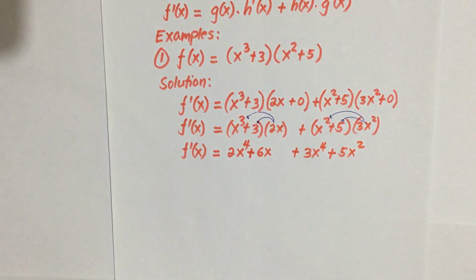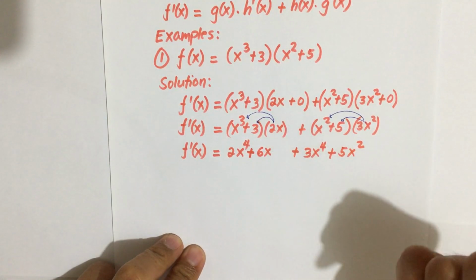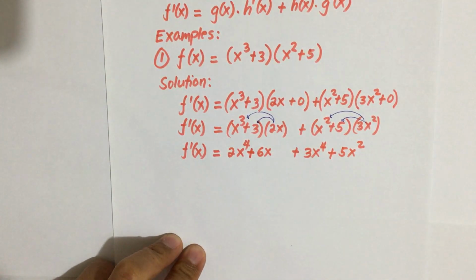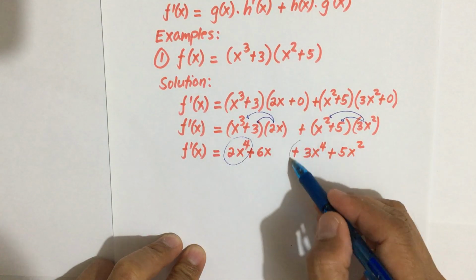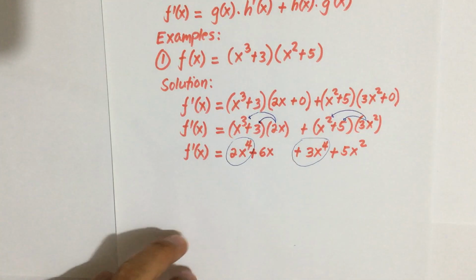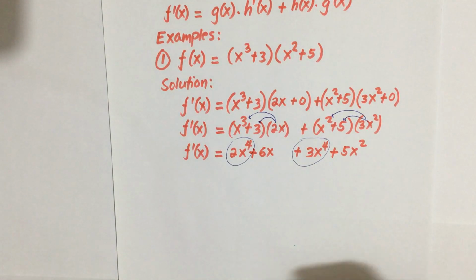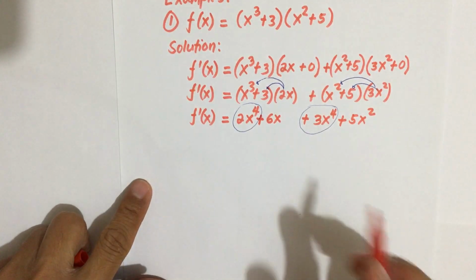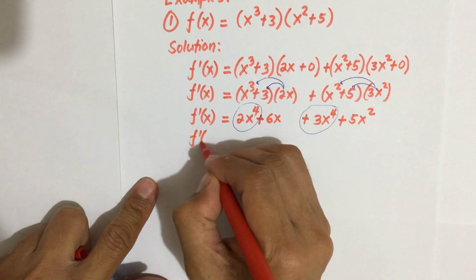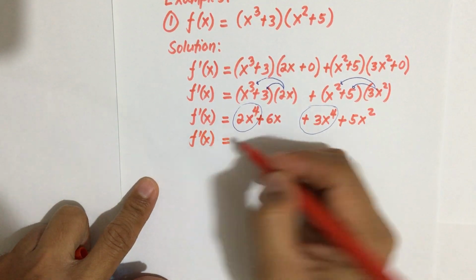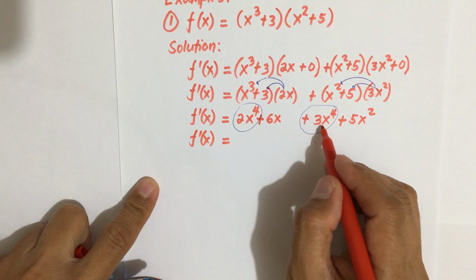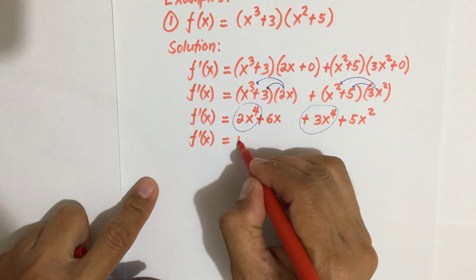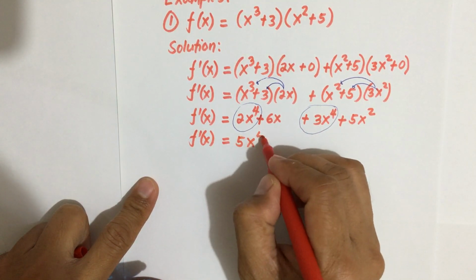Now we can combine similar terms. So we have terms here that contain x to the fourth. So 2x to the fourth, and then we have 3x to the fourth. Combining them, 2x to the fourth plus 3x to the fourth, this is 5x to the fourth.